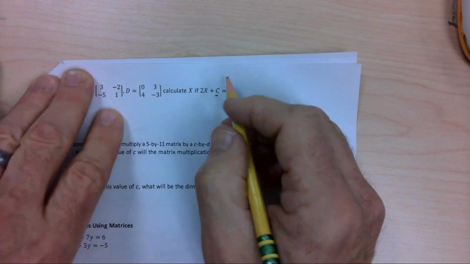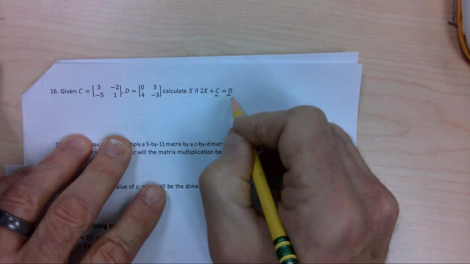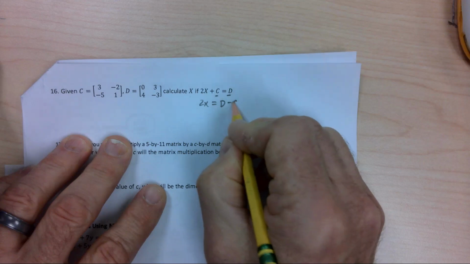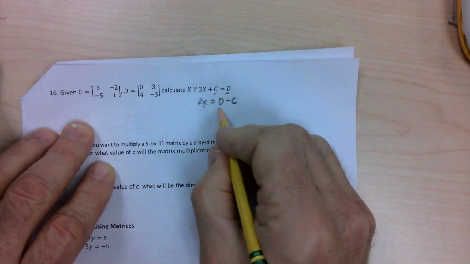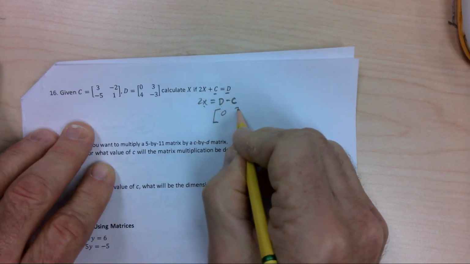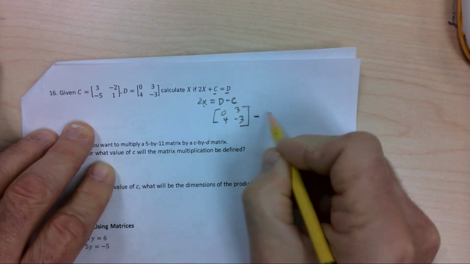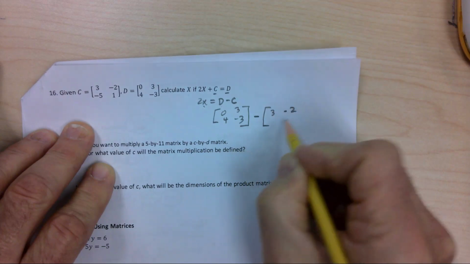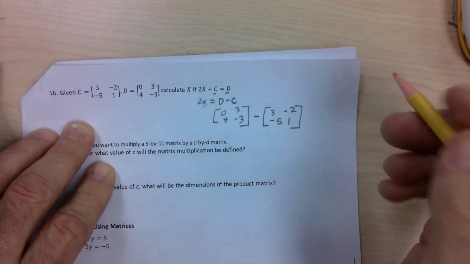So I'm going to rewrite this as 2x equals d minus c, because I'm trying to find x. So if I take d, 0, 3, 4, negative 3, minus c, which is 3, negative 2, negative 5, 1, and I just subtract all this.